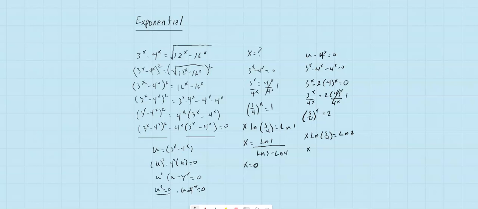Now I'm going to use the quotient law for logarithms, and x is equal to the natural log of 2 divided by the natural log of 3 minus the natural log of 4. And this is the value for x right here. If you enter in your calculator the natural log of 2 divided by the natural log of 3 minus the natural log of 4, you're going to get the value for x.